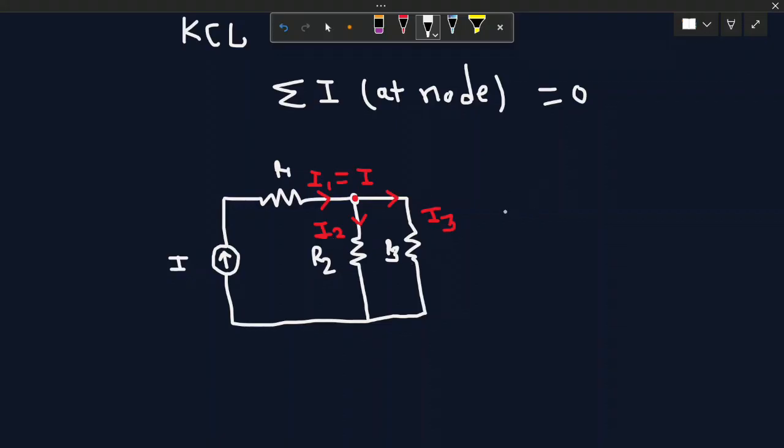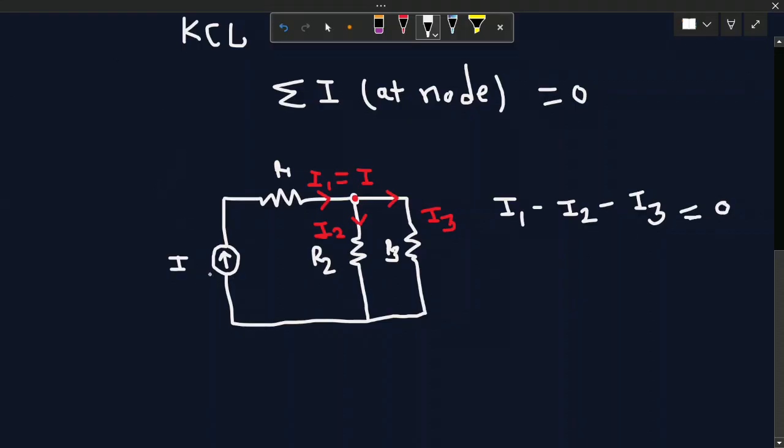So how to write the equation? I1 will be positive because it is coming towards the junction, and those currents that are leaving from the junction we have to take as negative, that is I2, and this is also going away from the junction, so minus I3, that is equal to 0.